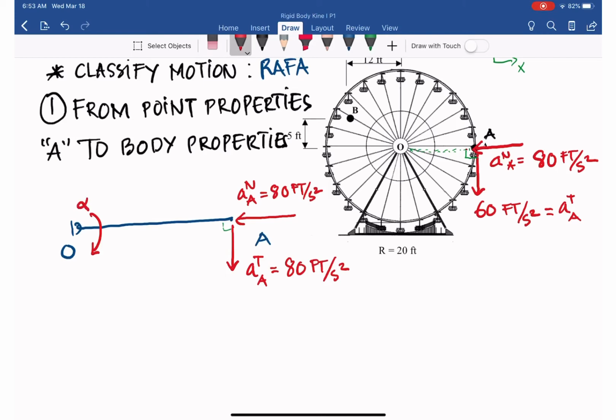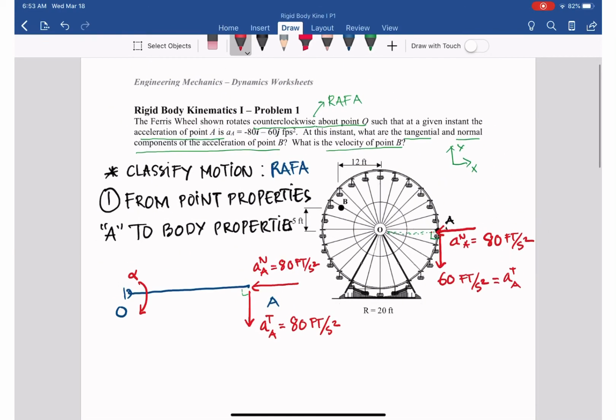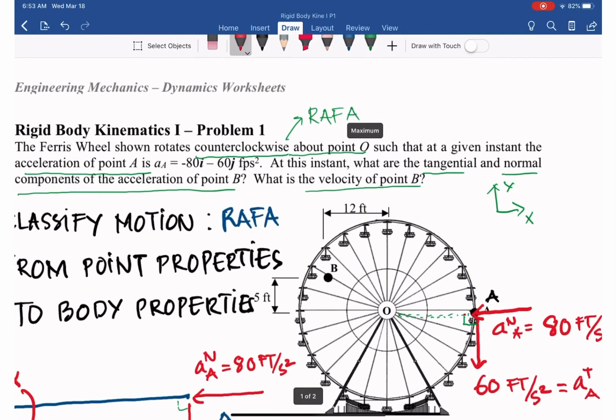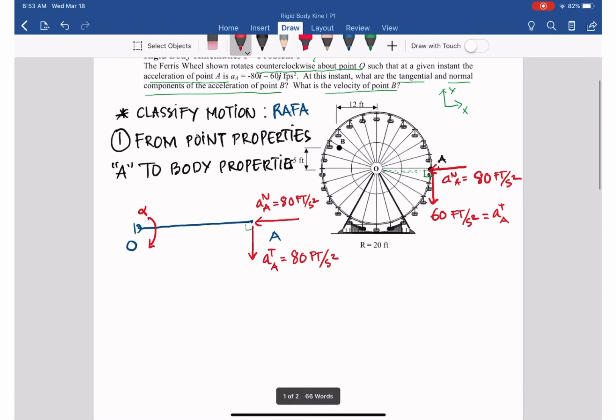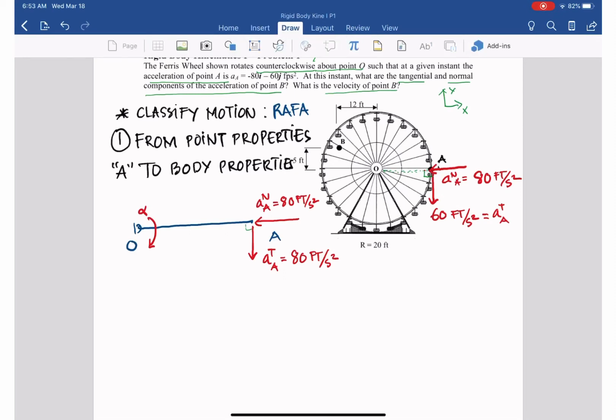And the problem gives us that the Ferris wheel rotates counterclockwise about O. So what does that mean? The motion is counterclockwise. When the motion is counterclockwise, the angular velocity is also counterclockwise. Keep that in mind. This is omega.